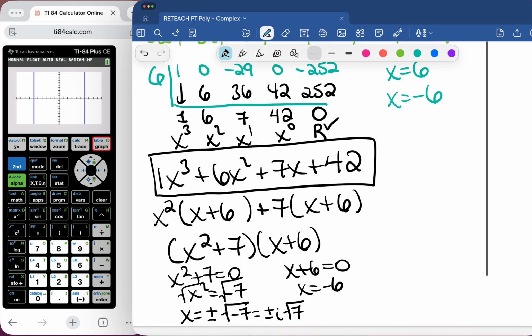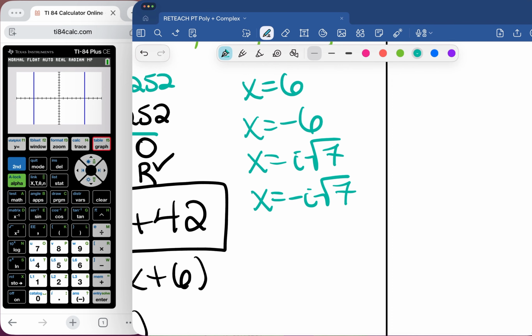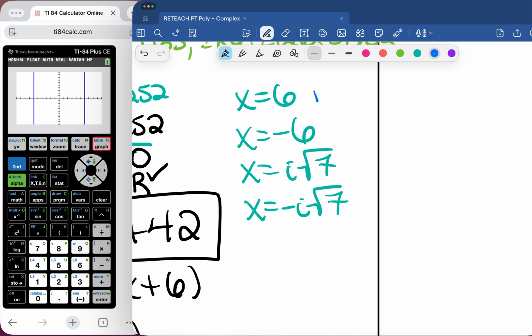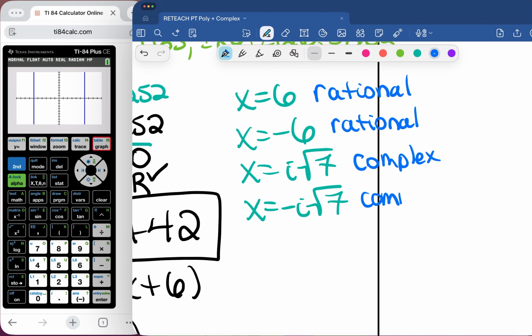And when we write those separately with our positive i root 7 and our negative i root 7, we do have our final 4 solutions, with those first 2 being rational. They are real and can be written as fractions. And those last 2 with those i's, we would call them complex because they have that imaginary unit.